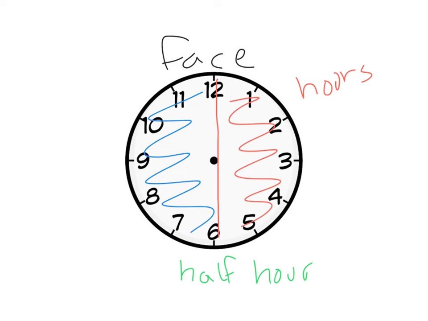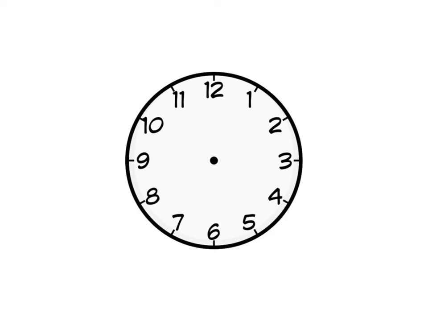So if anybody says it's 1:30, it means it's half past 1. So we've got to know that a clock can be split into two. Well, when looking at these numbers, these hours tell us there are no minutes on here.